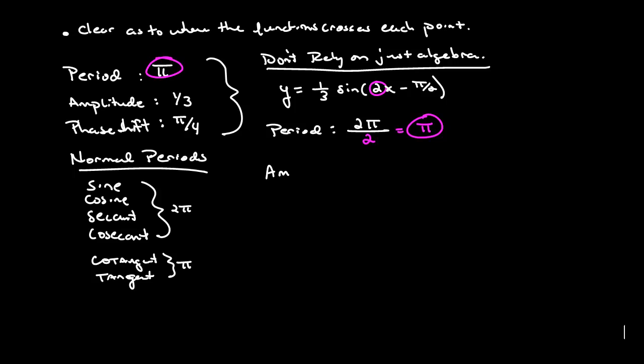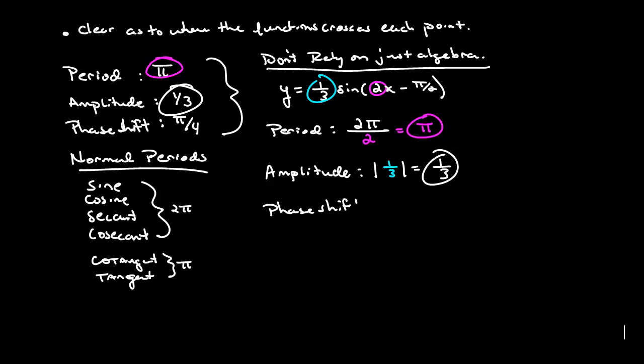The amplitude is found by taking the absolute value of the number out here. And so that's 1/3. So that gave us the same value there. And then the phase shift is found by taking the back number and dividing it by this number.